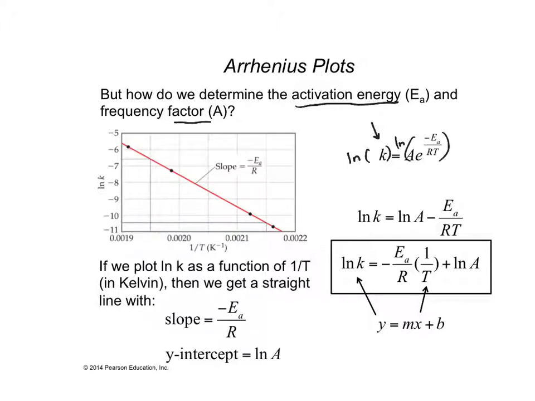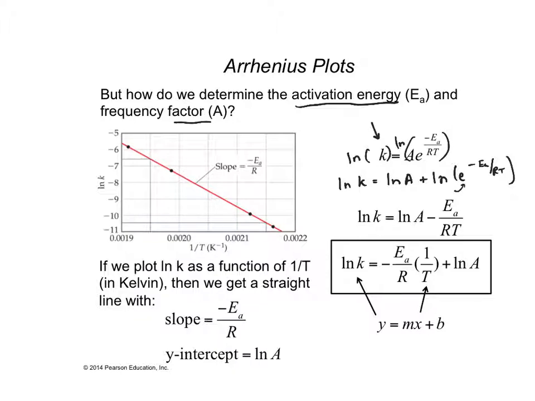We're left with ln of k is equal to ln of A plus ln of e raised to the minus Ea over RT. What is ln of e raised to anything? The value that it's raised to, right? Natural log correlates with the natural number.